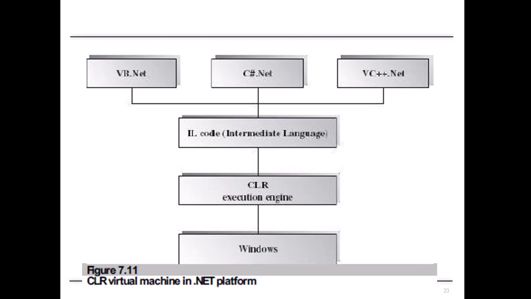This is another example. If we take VB.NET, C#.NET, and all the .NET platforms, they all use the intermediate language. Every language tool has a specific programming syntax and writing style, but the libraries are common.